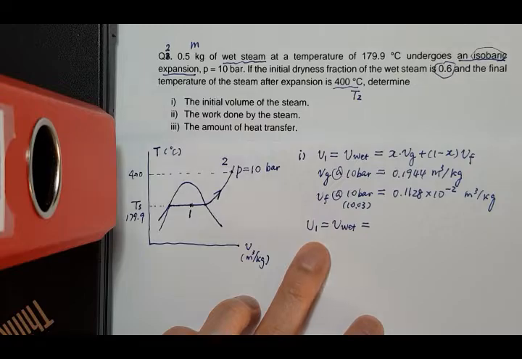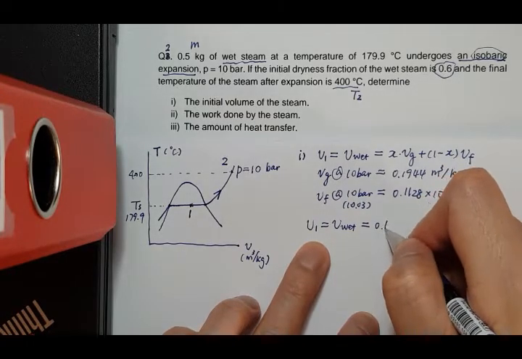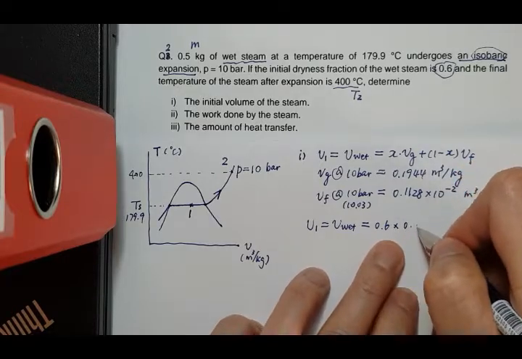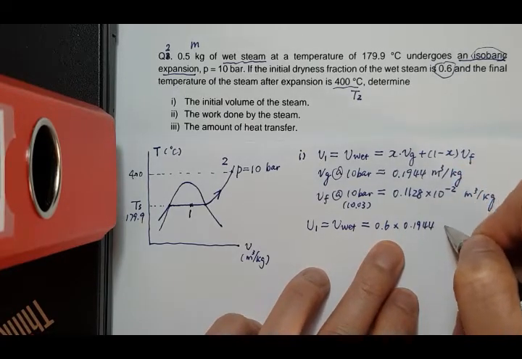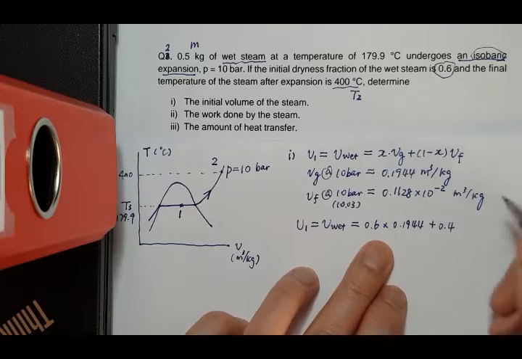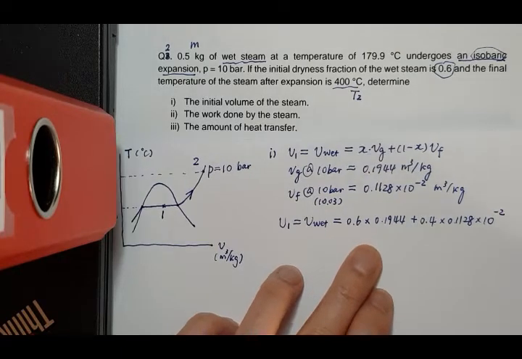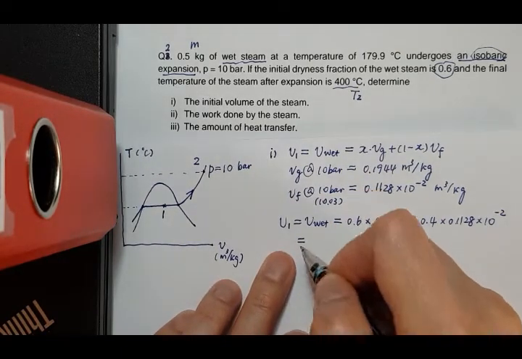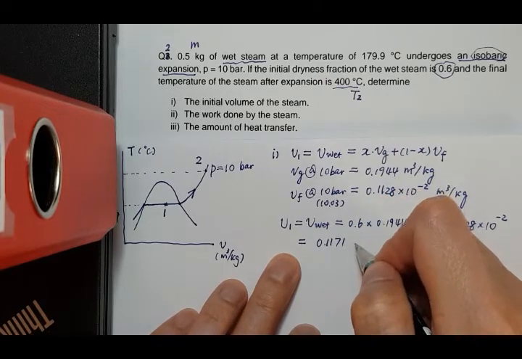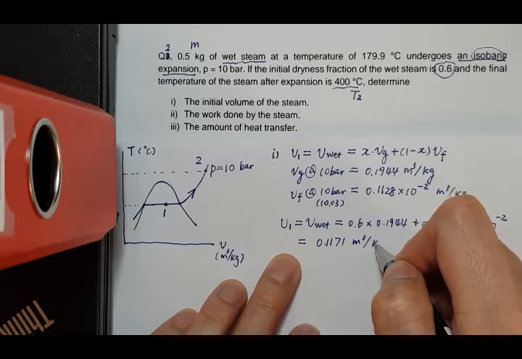Okay, so x is 0.6, which should be given here, 0.6 times Vg first of all, plus 0.4 times 0.1128 times 10 to the power of -2. Okay, so after that we can calculate, this is about 0.1171 cubic meter per kilogram.